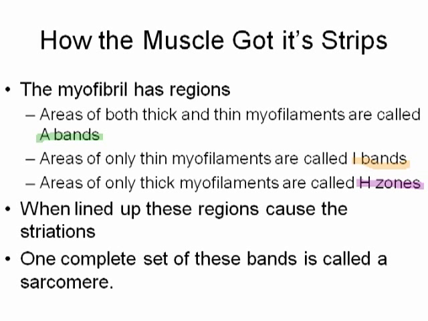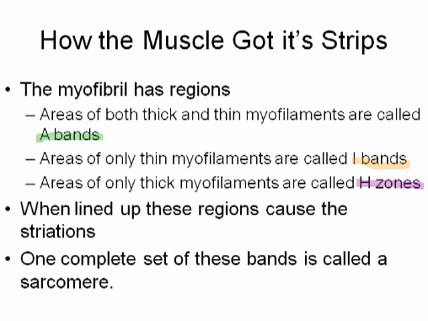When these thick and the thin myofilaments overlap one another, that is when we see striations within the muscle. So go back to the histology and think about those striations. What you're really seeing coming through the myofiber is two layers down.